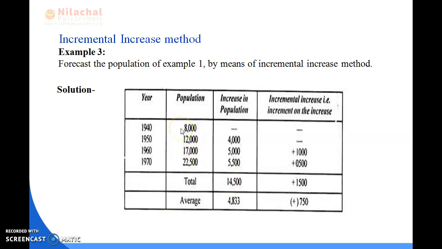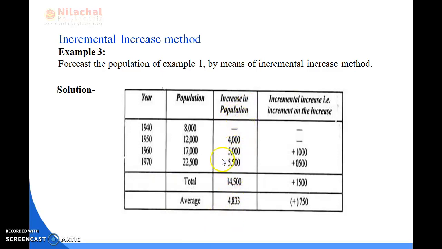If we take the populations as P1 as 8,000, P2 as 12,000, P3 as 17,000, and P4 as 22,500, then P2 minus P1 is 4,000, P3 minus P2 is 17,000 minus 12,000, which is 5,000, and 22,500 minus 17,000 is 5,500. So we got 4,000, 5,000 and 5,500.